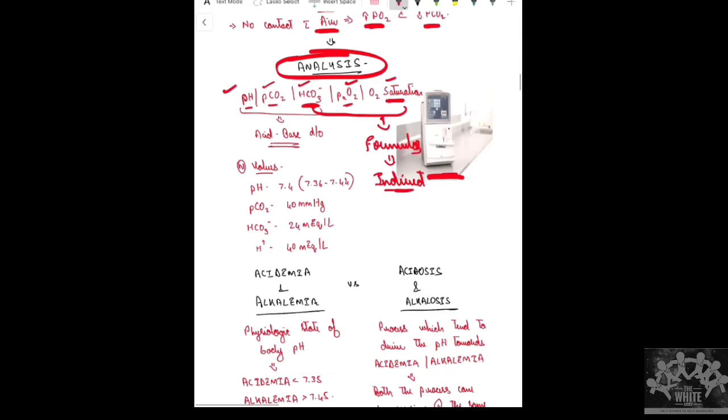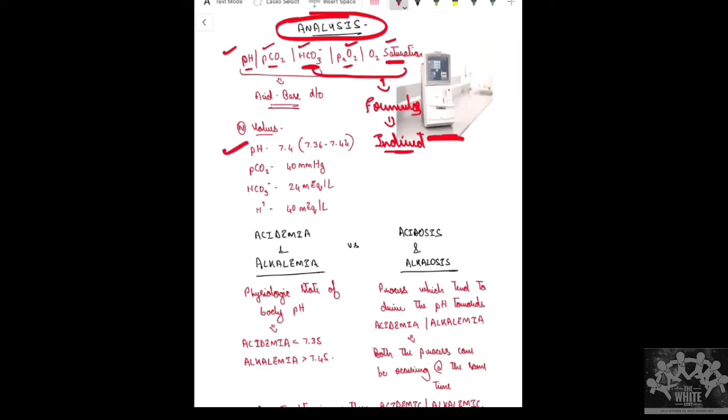In order to know about the disorder, we should know what the normal values are in our body. pH is 7.4; it can go from 7.35 to 7.45, but we take 7.4 as the average. PCO2 is 40 mmHg, HCO3 minus is 24 milliequivalents, and H plus is 40 nanoequivalents per liter.